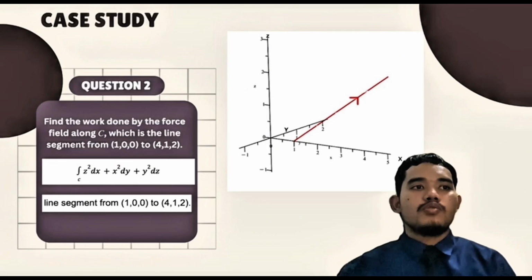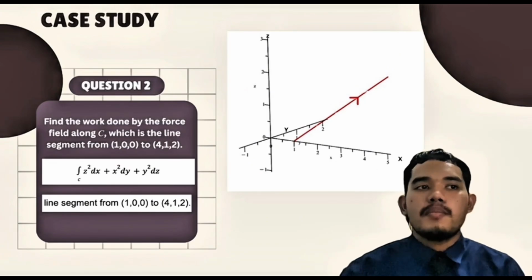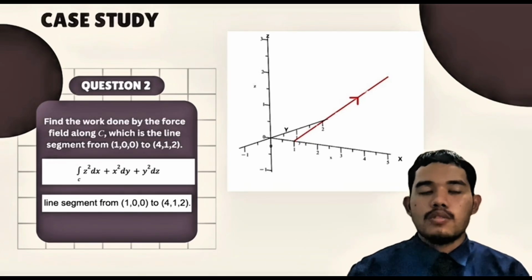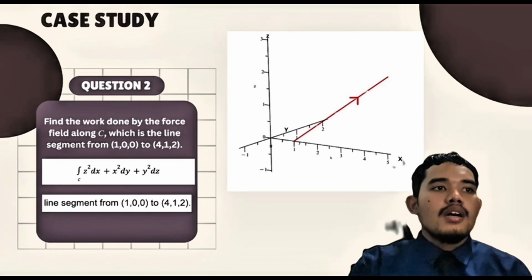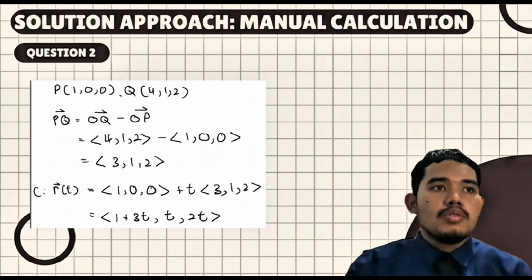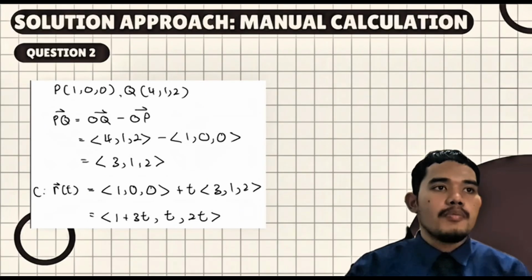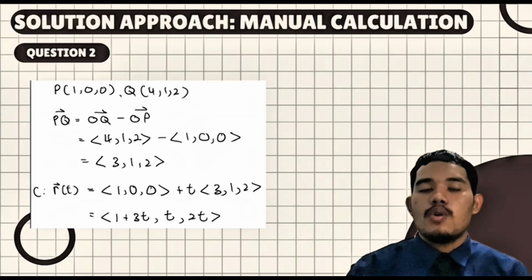Next, for question 2, we were given the line segment from coordinate (1, 0, 0) to (4, 1, 2). We will let P equal to the coordinate (1, 0, 0) and Q as coordinate (4, 1, 2). From that, we will get the vector PQ as (3, 1, 2).